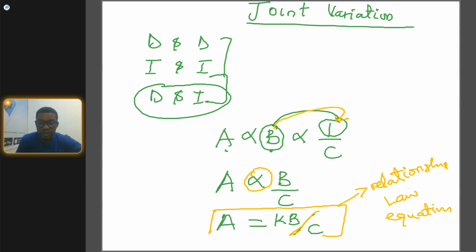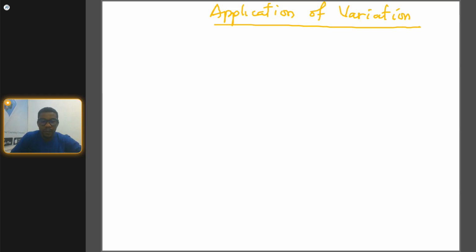So we go ahead to solve UTME questions now. Application of variation. We are going to consider application 1, the first application.